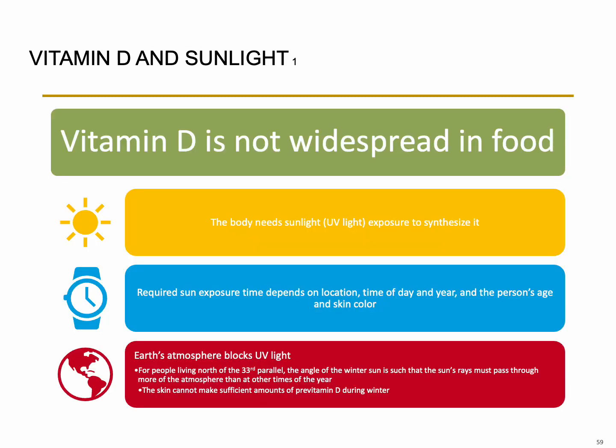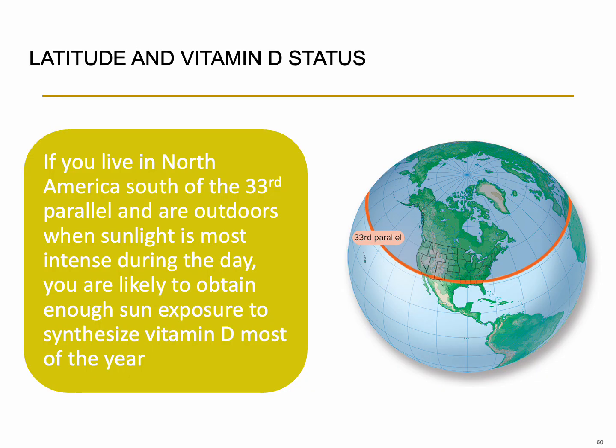Here, just reiterating a couple of the points mentioned in the last few slides. Most of the USA is fairly northern latitude, and especially in the winter, it can be easy to become vitamin D deficient if you're staying inside and avoiding the cold weather, and if every time you go out in the cold you're so bundled up that very little sun hits your skin.